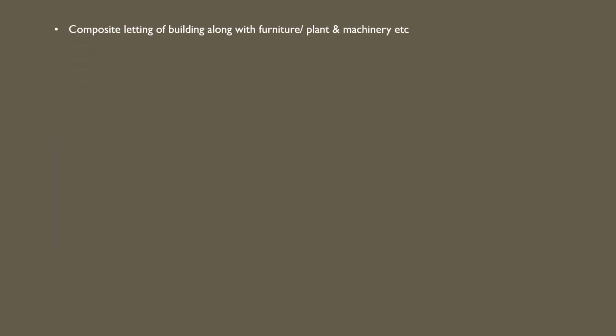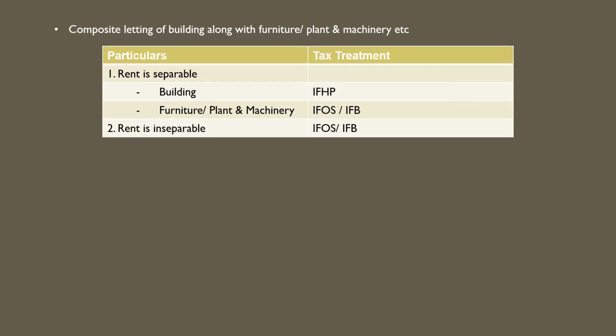Composite letting of building along with furniture or plant and machinery can be treated in the following ways. If the rent is separable, that is with regards to building, then it is treated under income from house property. And if the rent of the furniture or plant and machinery is separable, then it will be treated under income from other source or income from business.